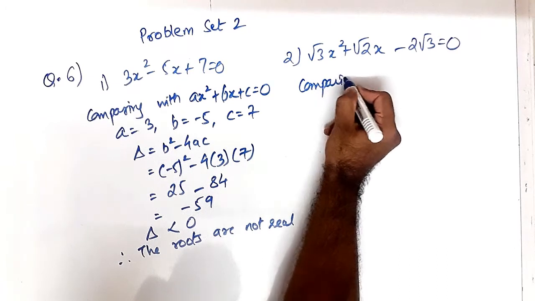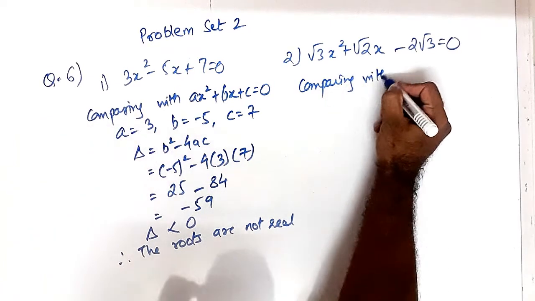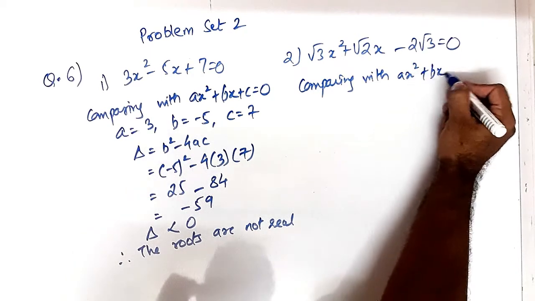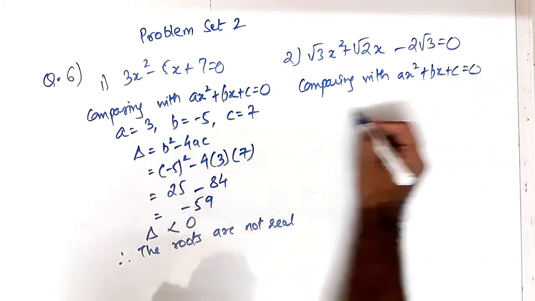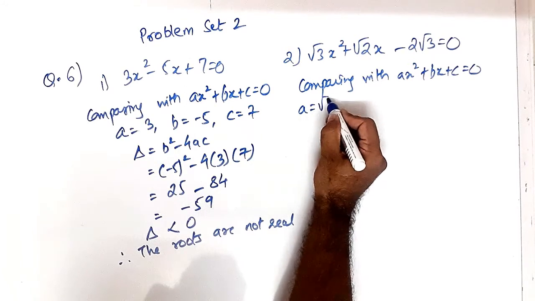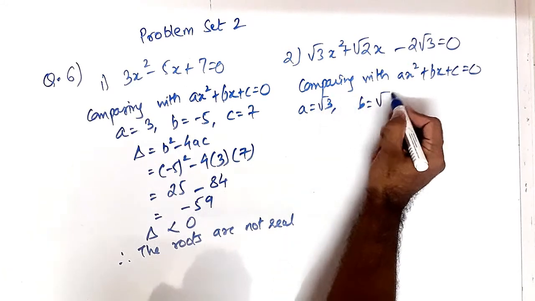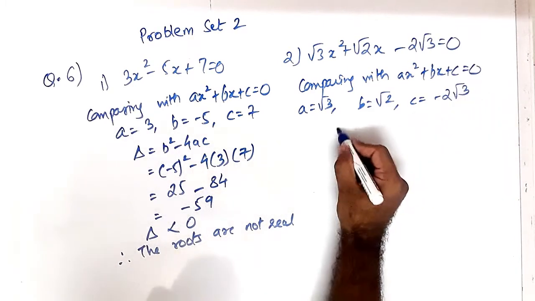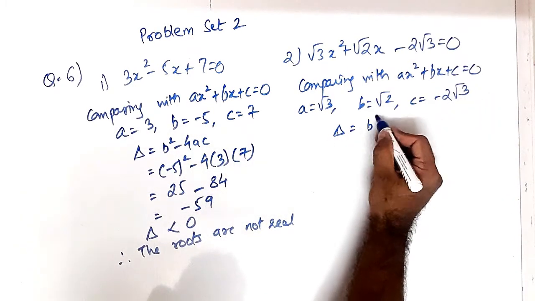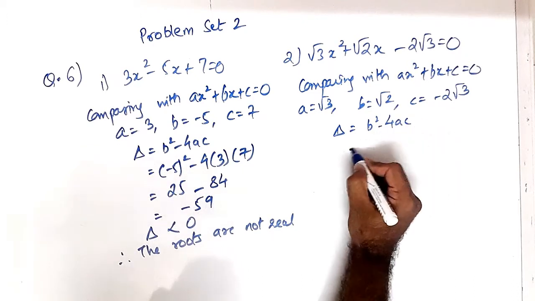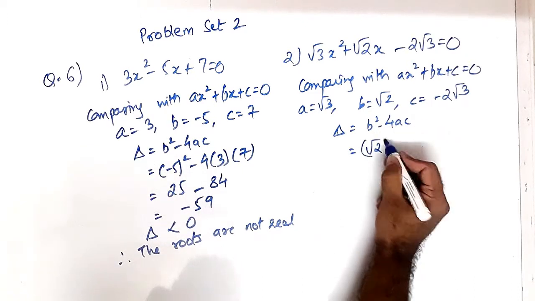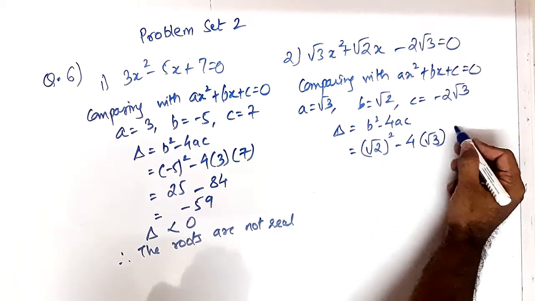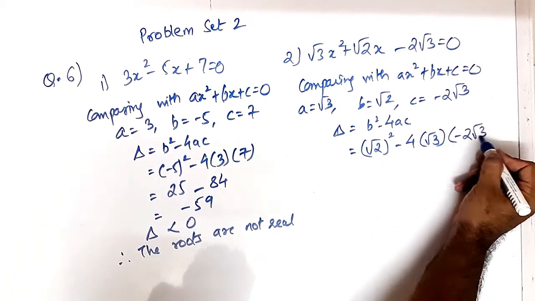Comparing again, for the second one, with ax square plus bx plus c equals 0, I'll write a is root 3, b is root 2 and c is minus 2 root 3. So b square minus 4ac is root 2 square minus 4 into a into c.